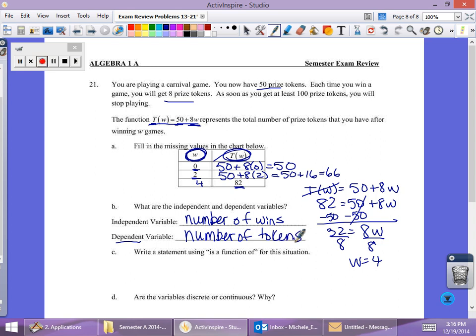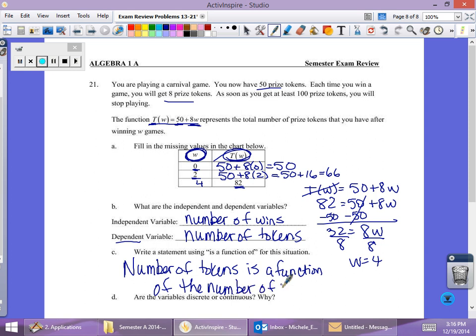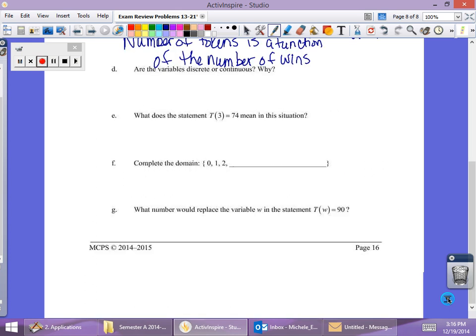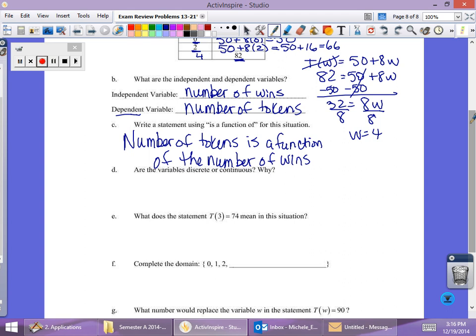Okay, we can use the same thing we did in the last problem for writing the statement is a function of. We begin with the dependent variable. The number of tokens is a function of the number of wins. Okay, part D. Are the variables discrete or continuous?